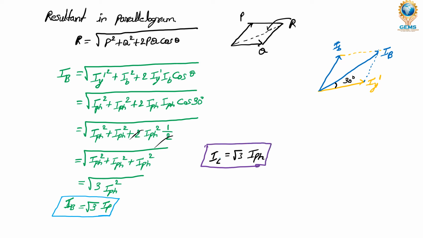And we have E phase equals EL, which means in case of delta connection, phase voltage equals line voltage and line current equals root 3 times the phase current. Next, if we see the power formula, power in delta connected system.